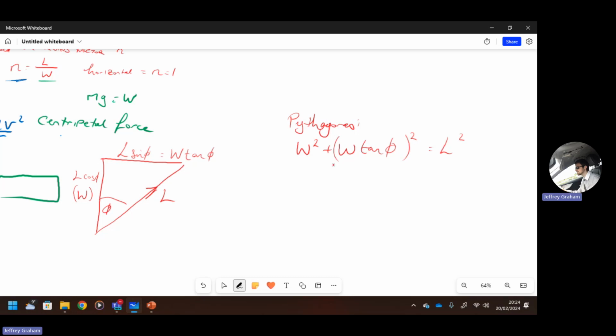Right. Deliberately written like this because what's going to happen is if we divide through by the weight, it's going to be the weight squared here because it's all squared terms. It's a little bit weird to process this. So dividing all of that by the weight squared, we get weight squared over weight squared.